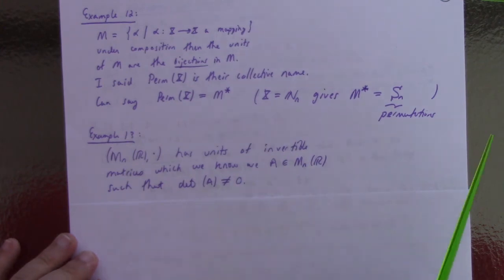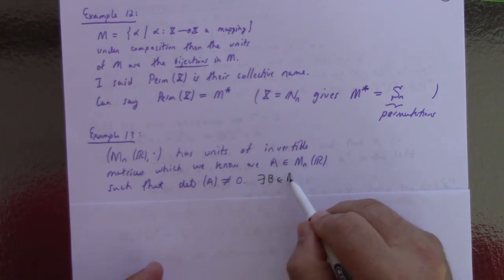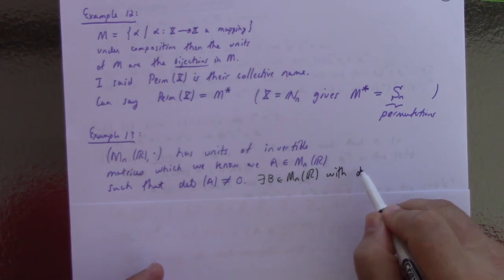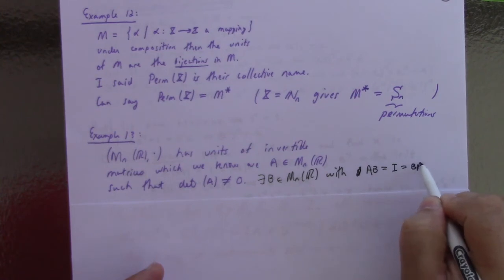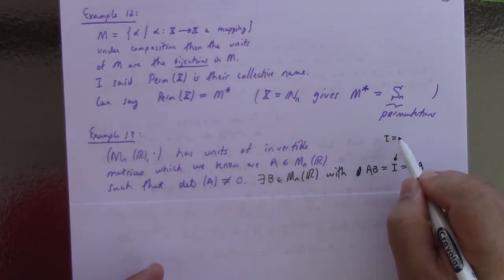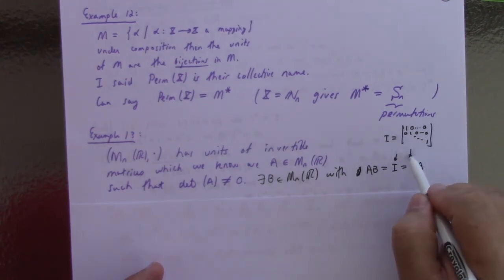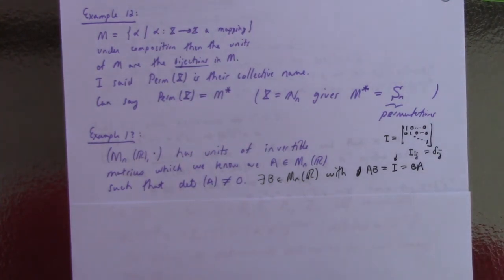That's the condition needed such that there exists a B in M_n(R) with AB equal to I equal to BA, where I is the identity matrix, with I_ij equal to delta_ij. There's a better definition for you. So if the determinant is non-zero, it's an invertible matrix. We know it, we love it.